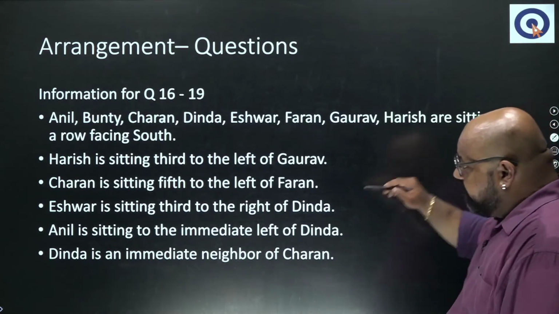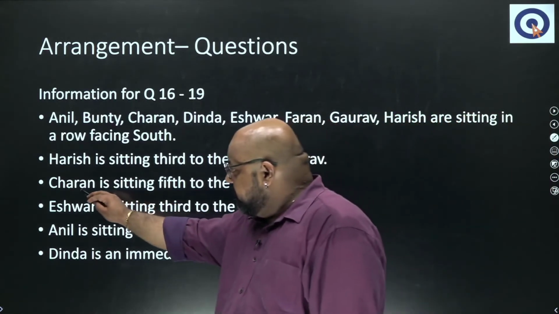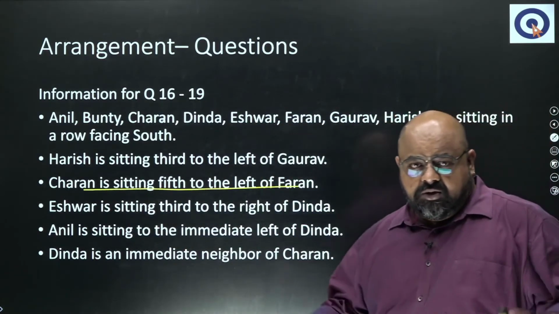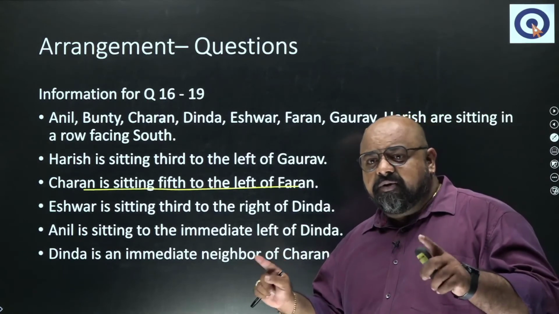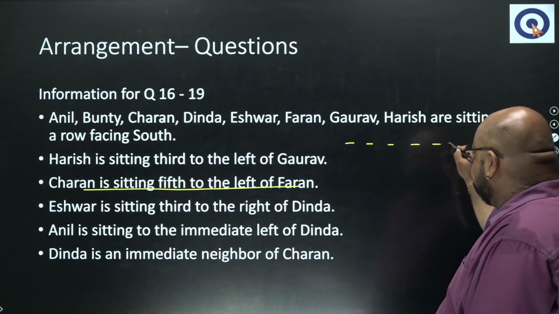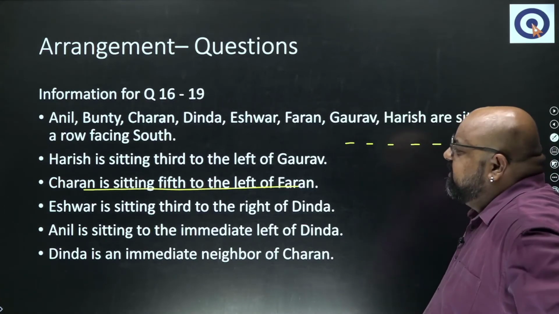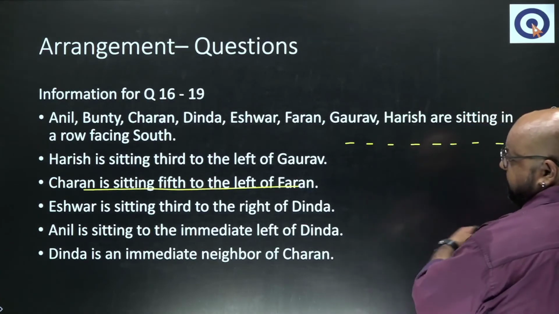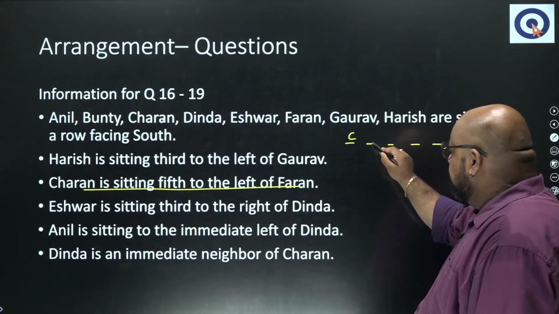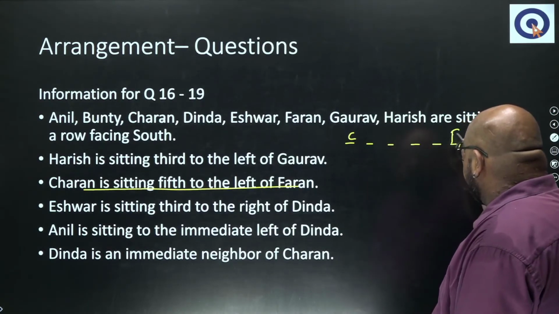So, from these statements, this looks a good starting point because there are 5 people in between. So for Charan and Farhan, the number of possibilities will probably reduce. So I'm starting from the left, 1, 2, 3, 4, 5, 6, 7, 8. Charan is sitting fifth to the left of Farhan. So if this is Farhan, Charan will be on this side. So I draw Charan, 1, 2, 3, 4, 5, Farhan.